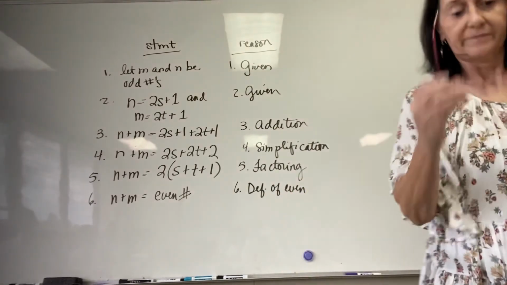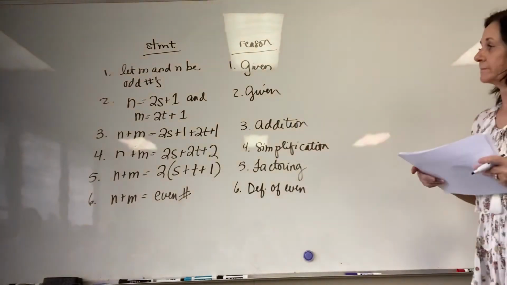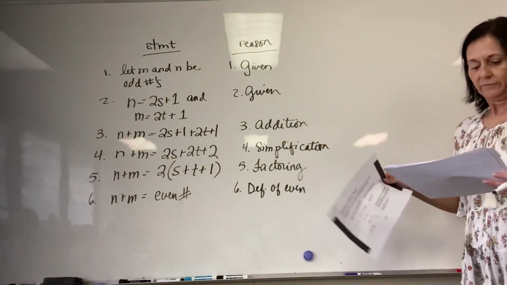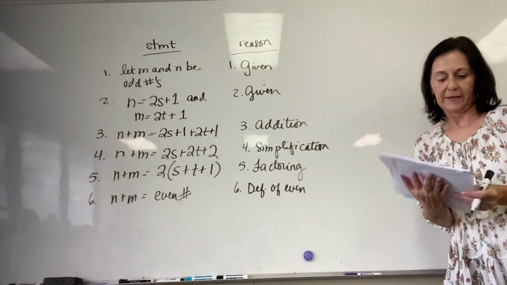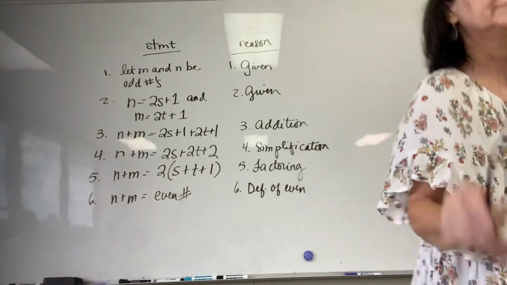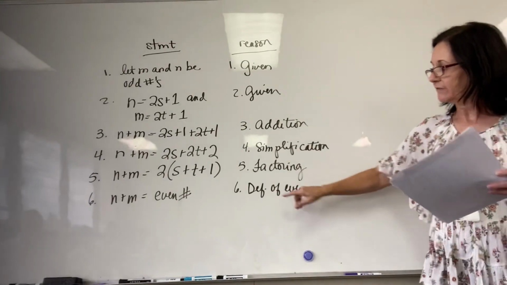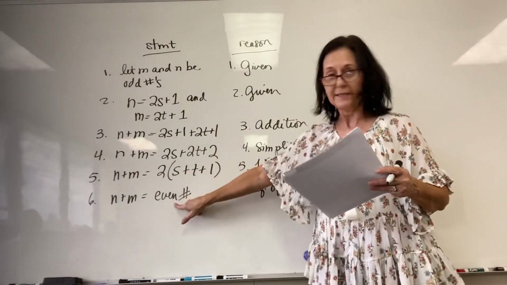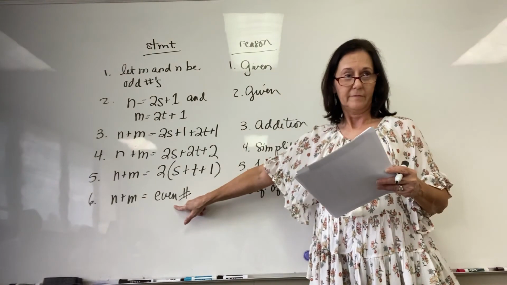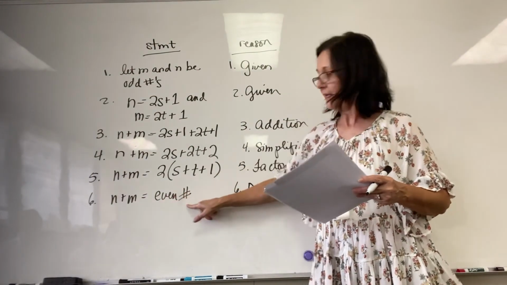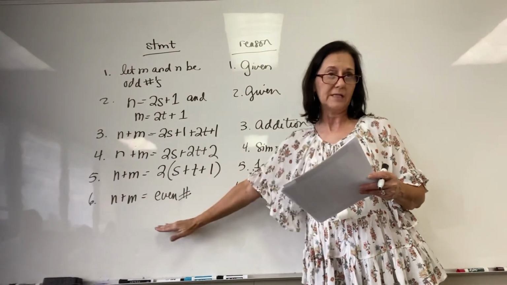So, let's work these on the next page. Yes, ma'am. So how do you get to 6? Definition of even. Definition of even from here. That's all I did was change that one. What'd you change it to? An even number. 2 times any value is an even number.